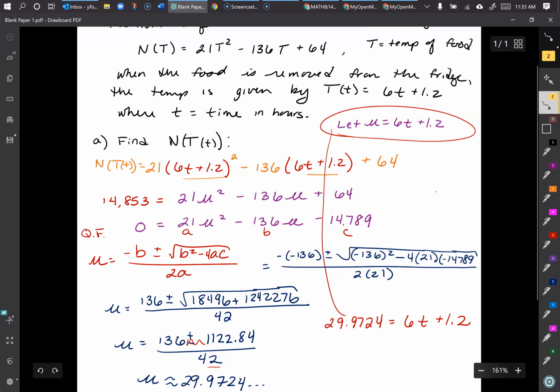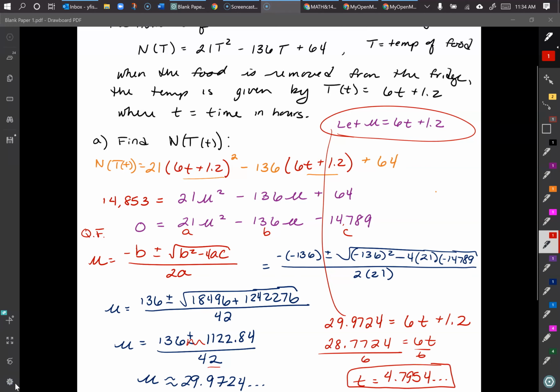So that's equal to 6t plus 1.2, and I'm going to solve for t. Subtract 1.2 from both sides and then divide by 6. When I do that, I get 28.7724 divided by 6, which is approximately 4.7954, and I put the dots to show that it continues on.